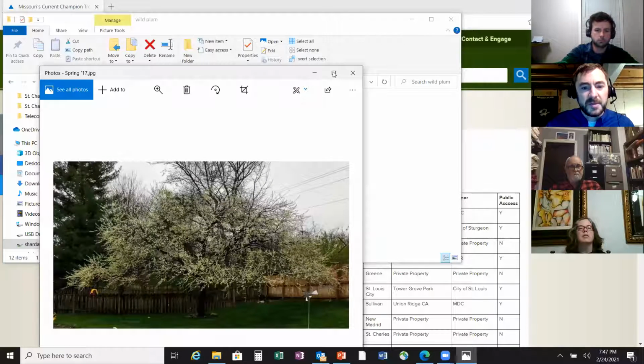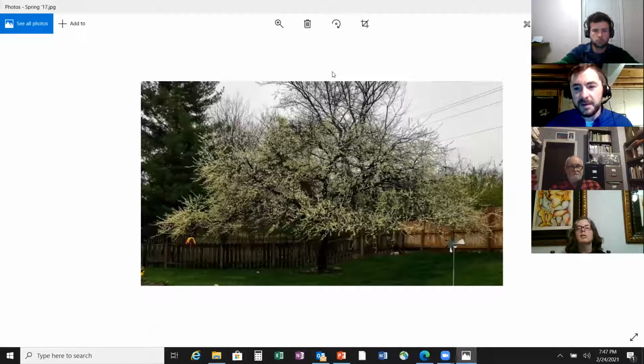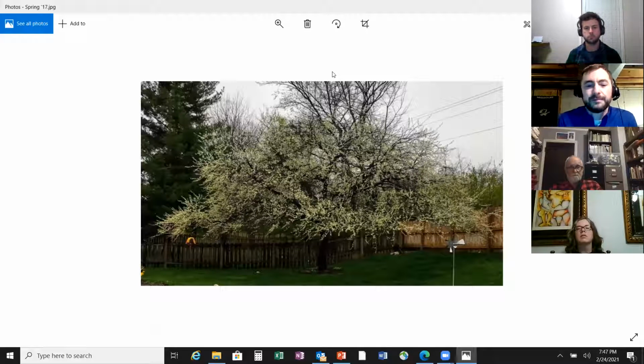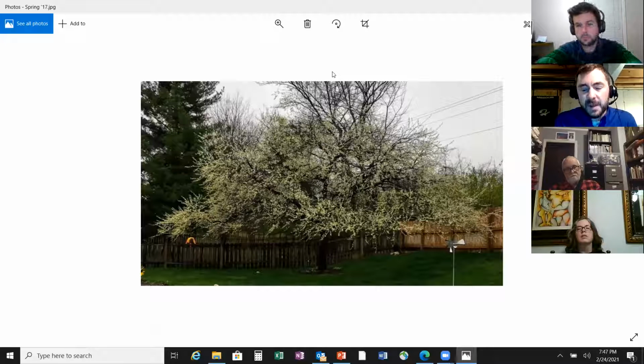If you don't know the species, you might be like, oh, it's not that big. But American plum or wild plum, that's a Missouri native species that will typically not grow more than maybe 15, maybe 20 feet tall. And it really doesn't spread out like a quarter of that. The typical silhouette of a wild plum, maybe like that. So the fact that this tree is as wide as it is is pretty amazing.